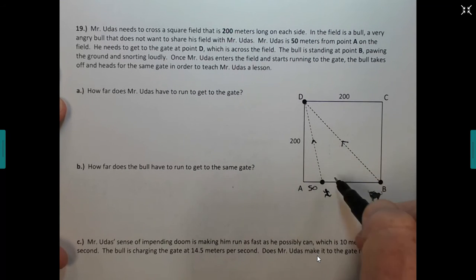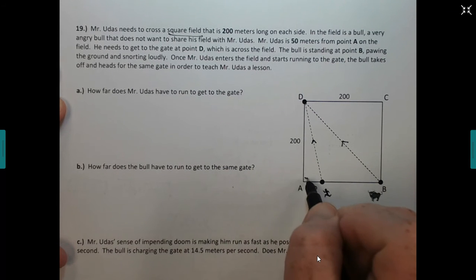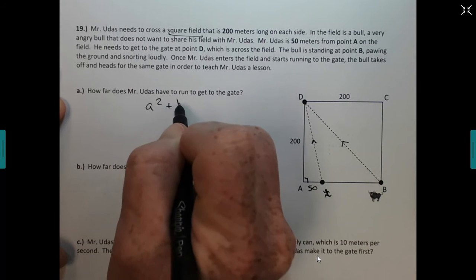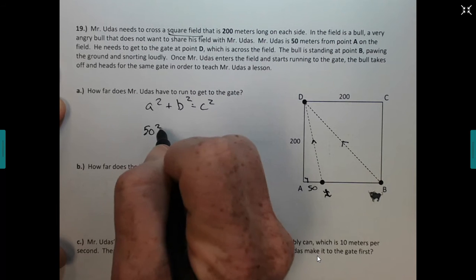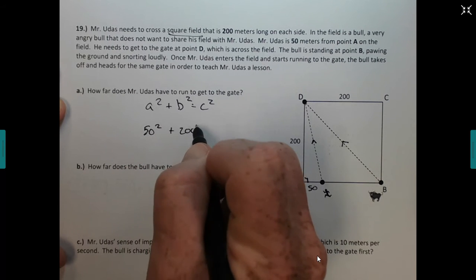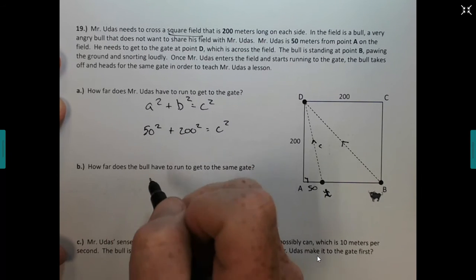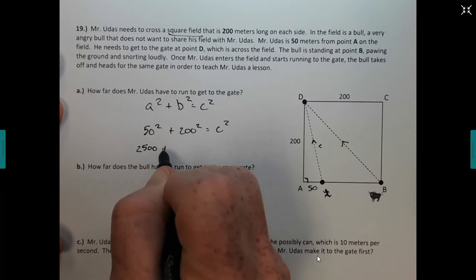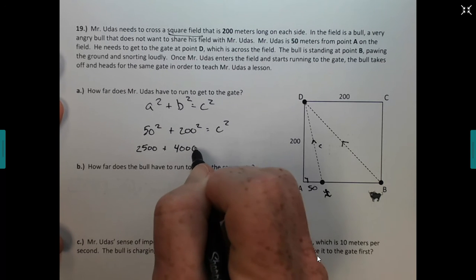Well, since this is a square field, this is a right triangle, and I know 2 out of the sides. That means the Pythagorean theorem's the way to go. Do 50 squared plus 200 squared, and that will help me find out C. So I know 50 squared, 5 times 5 is 25, and 2 zeros. 200 squared, 2 times 2 is 4, and I would have 4 zeros.